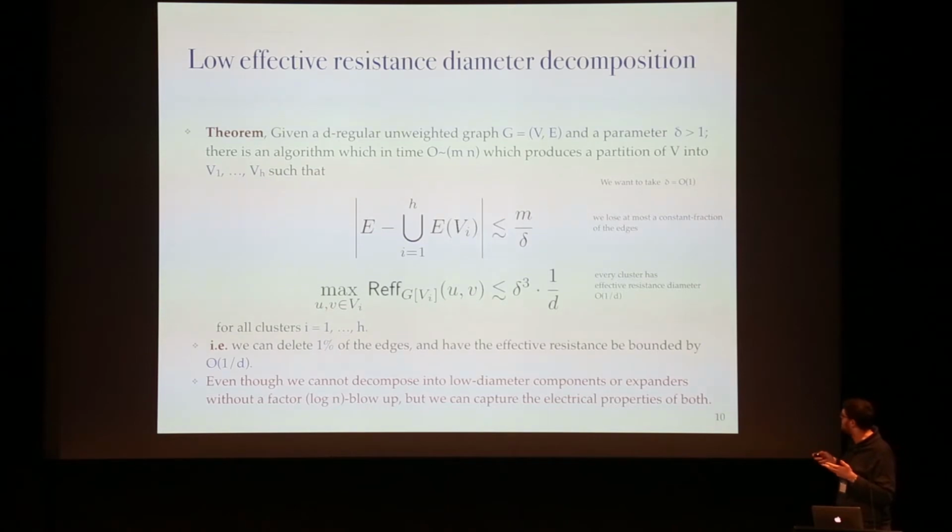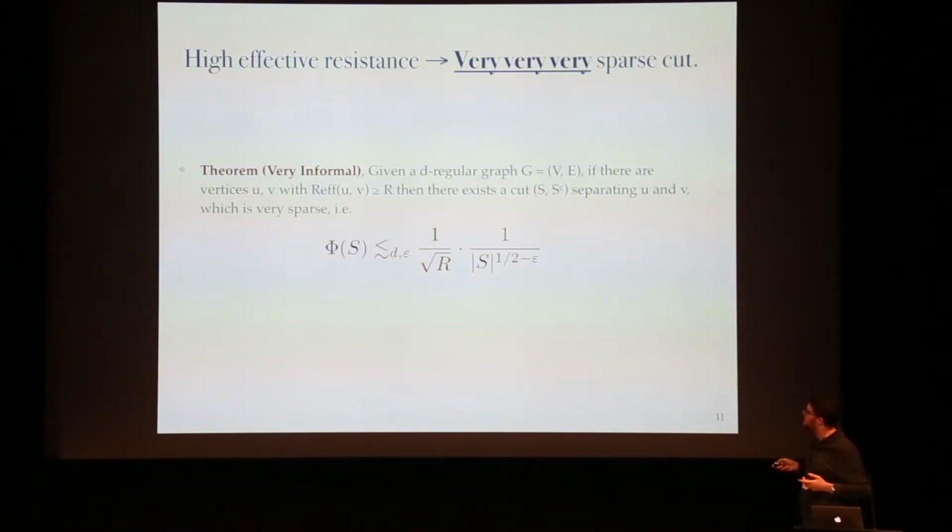So what you're seeing here is that we cannot decompose into low diameter components or expanders, but we can capture their electrical properties, which is kind of cool. The complexity, I don't know whether I'm going to explain, but the basic idea of how we compute this decomposition is we show that if you have vertices in a graph which are well separated from each other in the effective resistance distance, then you can find a very sparse cut separating them.